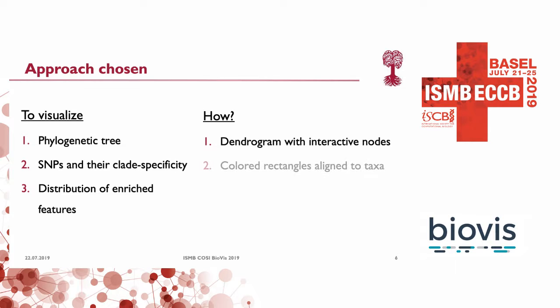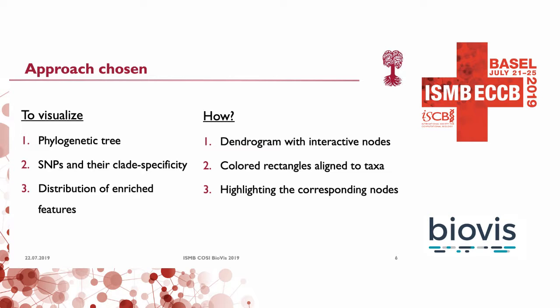For the SNPs, we visualize them as rectangles aligned to the corresponding taxa, and we color them in order to encode the clade specificity and also the base they're mutated to. And lastly, for the distribution among the whole phylogenetic tree, we highlight the least common ancestors of those taxa that have this enriched characteristic, so the user can also visualize this.